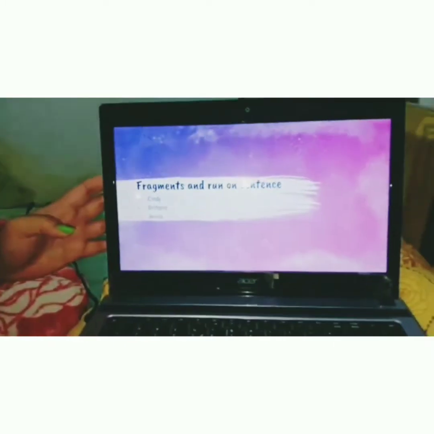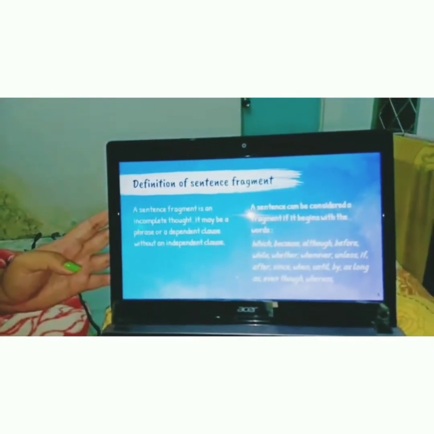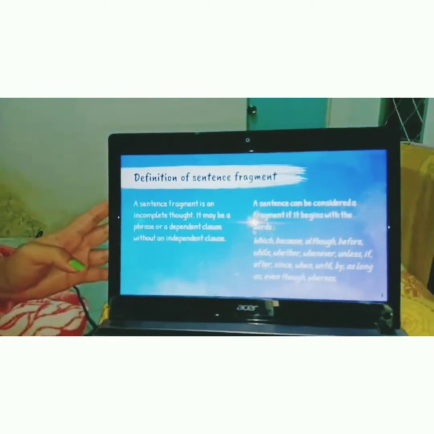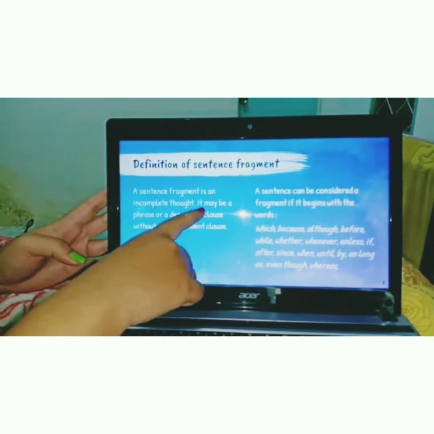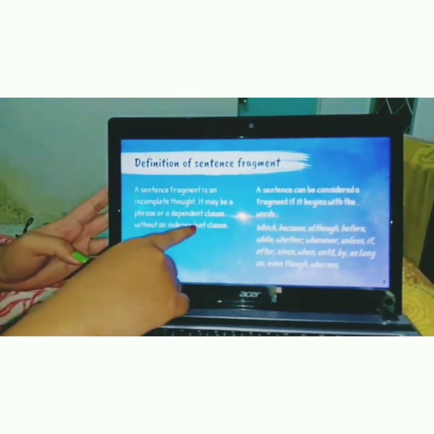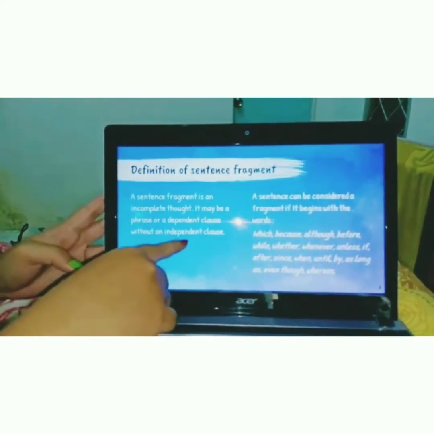And now I will explain to you about fragments. Definition of sentence fragment. A sentence fragment is an incomplete thought. It may be a phrase or a dependent clause without an independent clause.